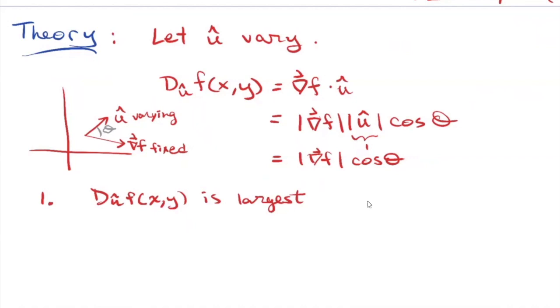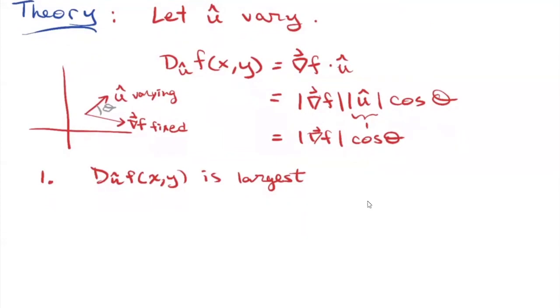What angle? Yeah, theta is 0. Thank you, Bilal. So when theta is 0, that means u is pointing in the direction of the gradient.